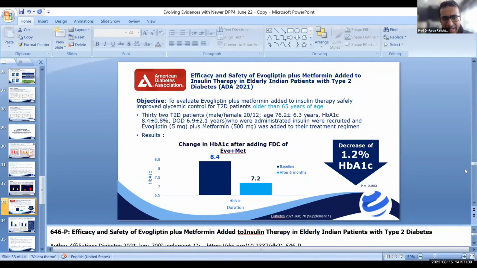This is the ADA study. Again, this was published and talked about in the ADA: the efficacy and safety of Evo plus metformin added to insulin therapy in elderly Indian patients with type 2 diabetes. Here you will see that it is very effective and very safe in patients when added on insulin therapy as well. The decrease of A1C is around 1.2%.